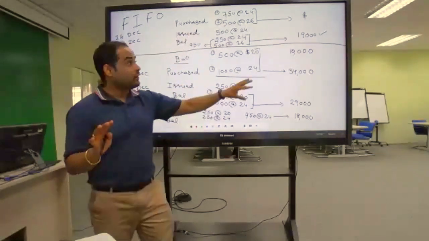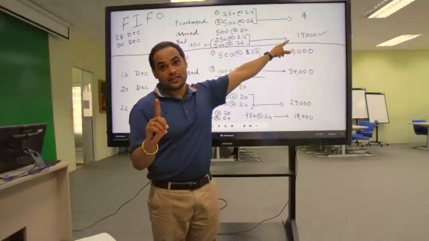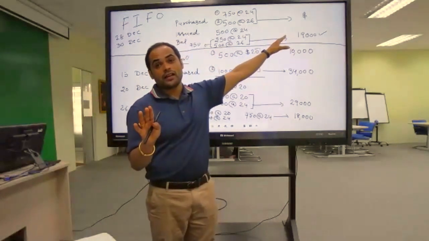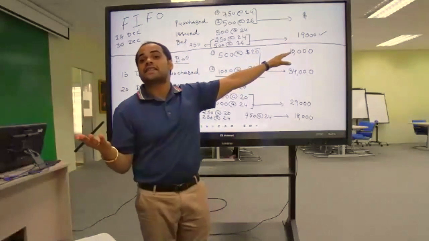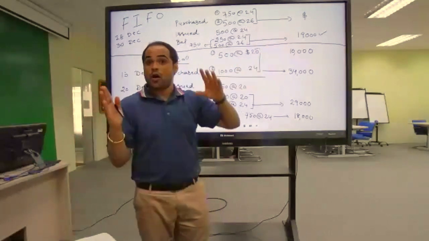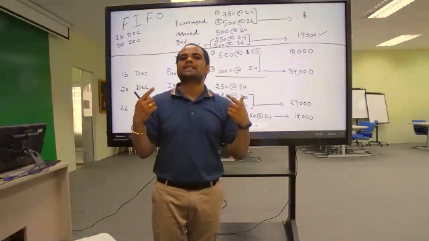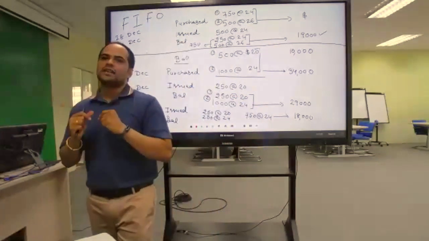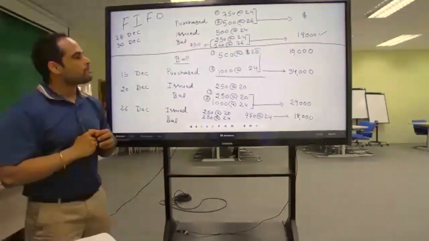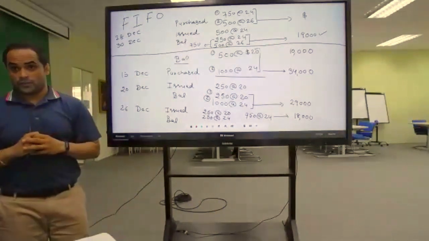Of course, it will not be 19,000. It will be higher than 19,000, right? How much you will calculate at home, and then next time you will tell me. But I can give you quick ideas, quick tip about LIFO method, all right?